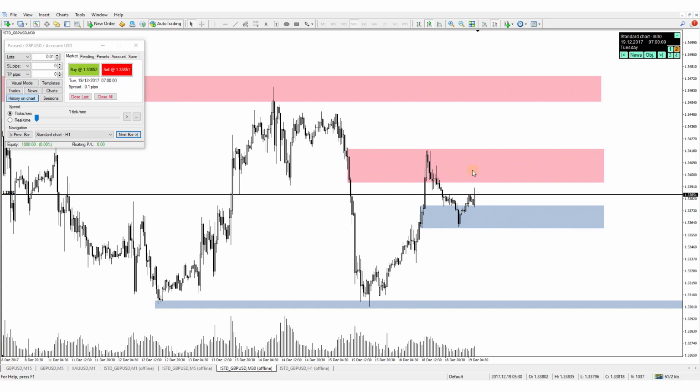So if price is going to the supply, I am not trying to join it now, because it is in the middle of this distance. But my plan would be waiting for the price delivery to the supply, to wait for a true sell, if price action, of course, will tell us the possibility.